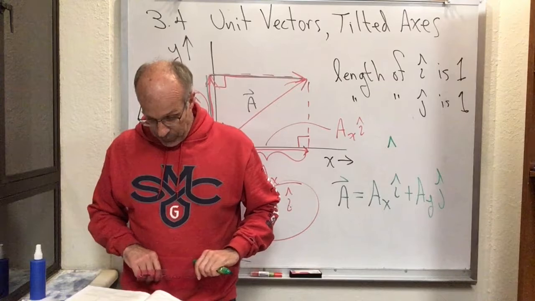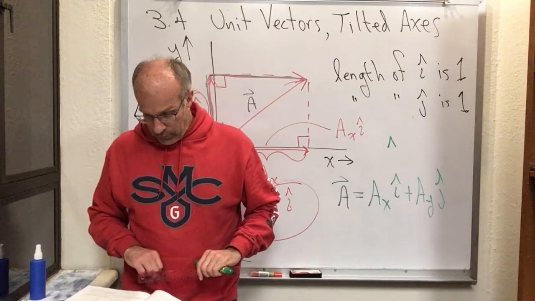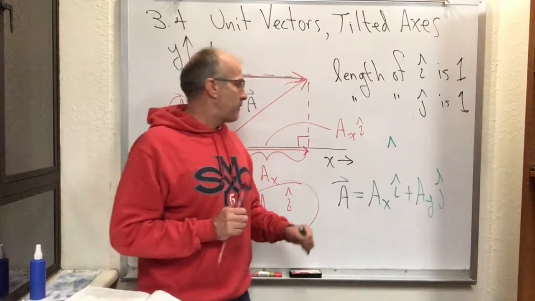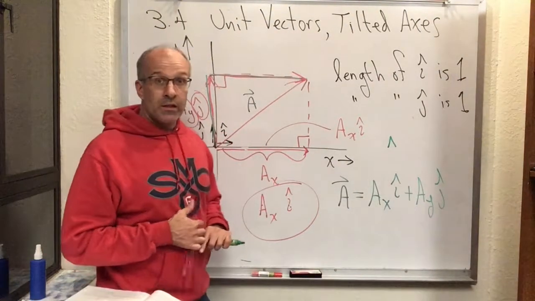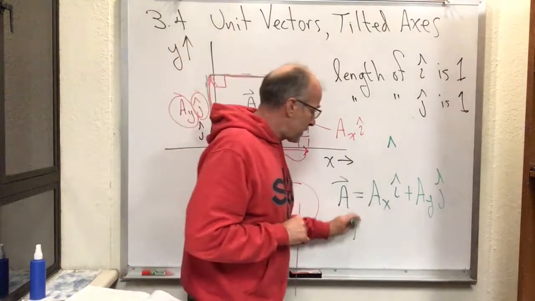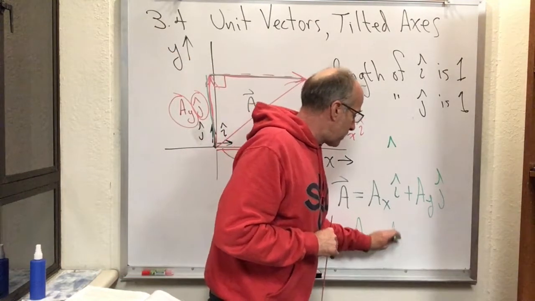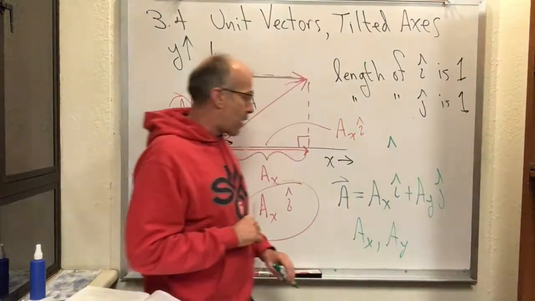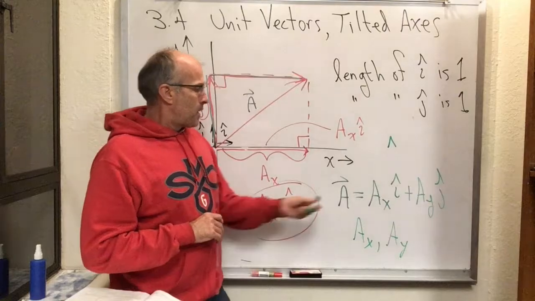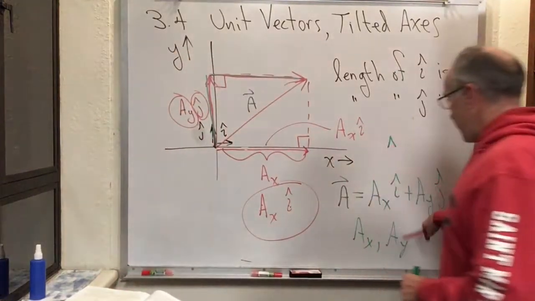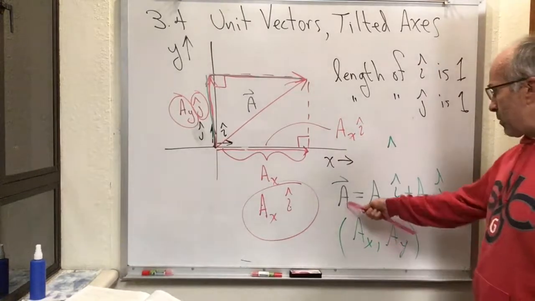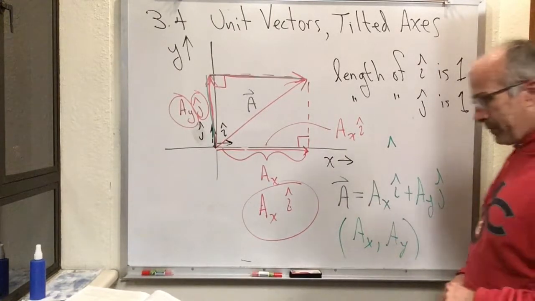Now, that might seem kind of useless, maybe. It's just notation. It was fine if we said that a is the vector that has components a sub x and a sub y. But this is another way of expressing a in terms of those components. Sometimes you just put parens around them and write out the components, but sometimes you do it like this.